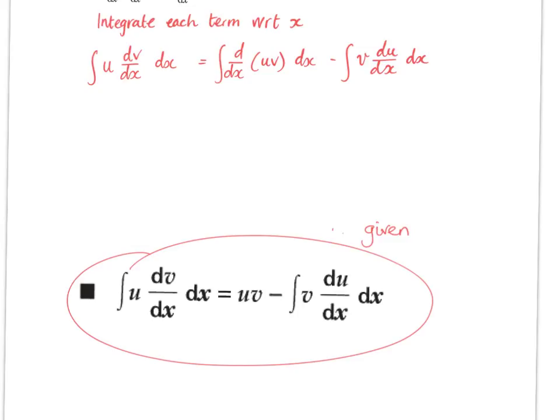So usually if we've got a power, we choose the power one, so say it was x squared, we would choose it to be u so that we can differentiate it, and then the other part would be the part to integrate. So first part, choose to differentiate, second part of the product, choose to integrate. And we can do a few examples on this to show you how it works.